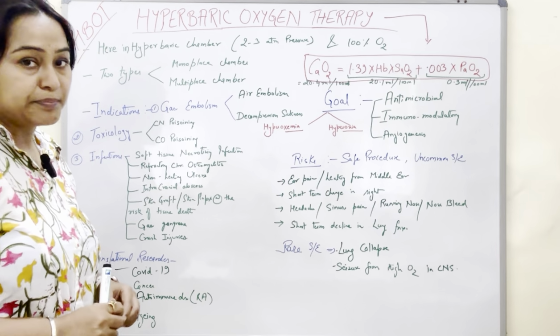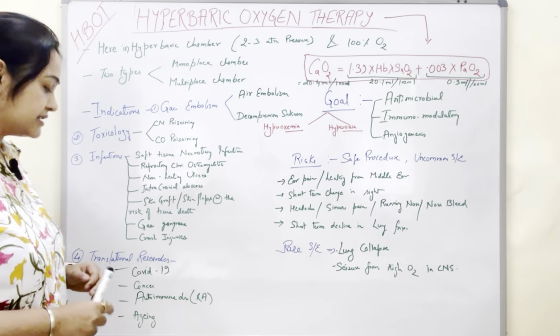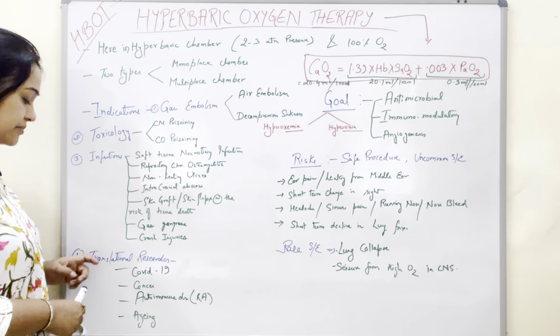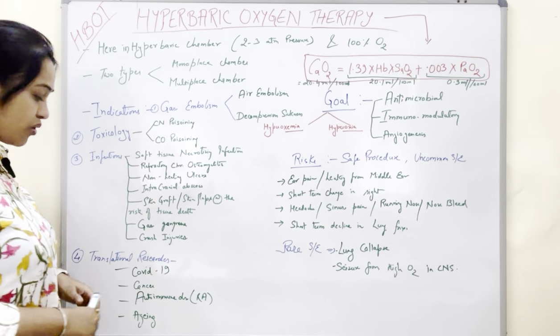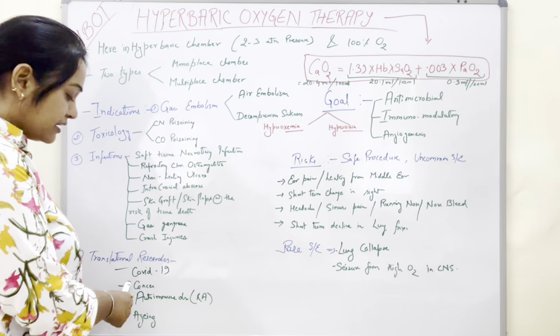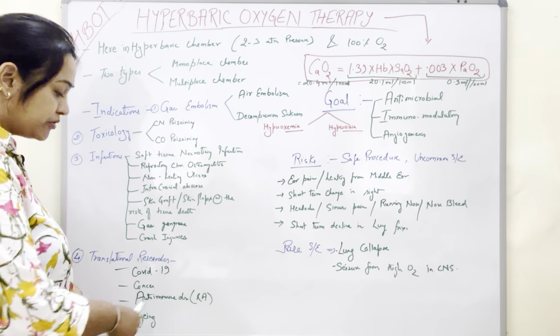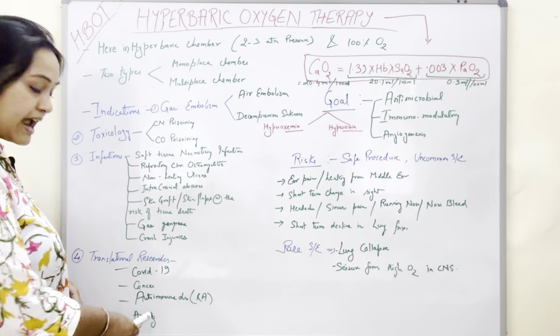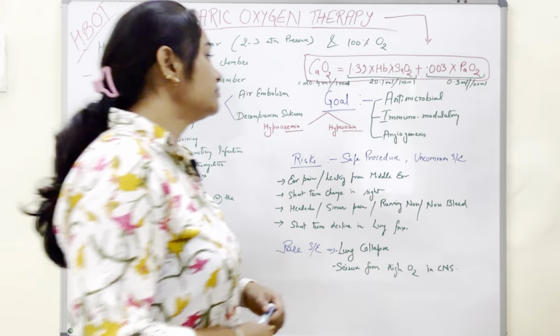We can give hyperbaric oxygen; it is effective in these cases. Also, there is some translational research going on in COVID-19, cancer patients, autoimmune disease like rheumatoid arthritis, and aging.